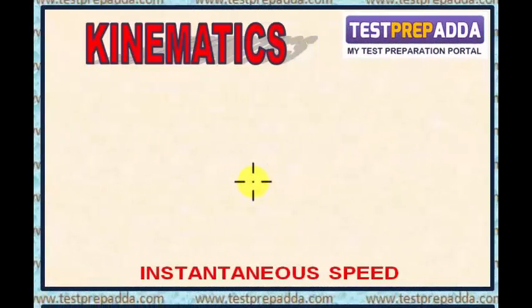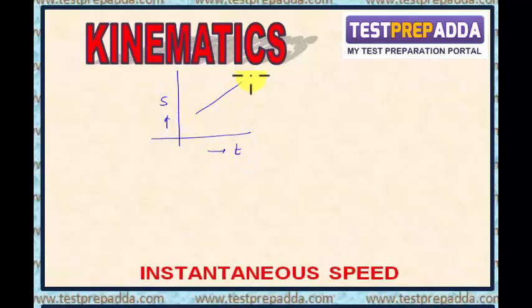Now, if the graph of distance versus time is a straight line, means every time the slope is coming constant. So we can say ds by dt is same. So object is moving with uniform speed.